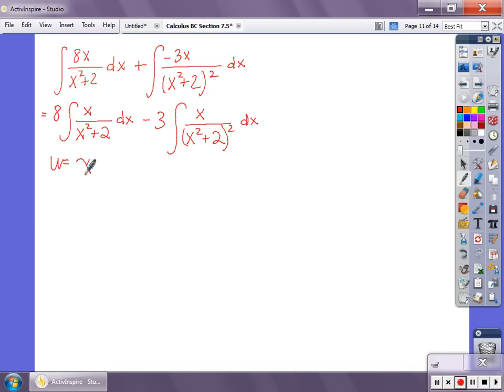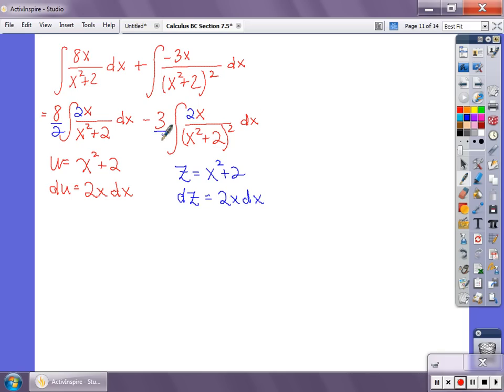Therefore, du is 2x dx. Now, we don't exactly have that, and so we'll write a 2 here and divide that number by 2, and then we're happy. Over here, I've already used u. I don't want to use u again, so we'll do z is equal to x squared plus 2. dz then is 2x dx. We don't have that again. We just have x dx, so we'll put a 2 and divide this number by 2.